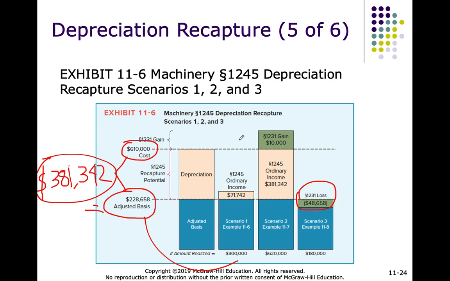So again, we need to ascertain the amount of previous depreciation taken, because that's going to determine the classification or the character of our gain. So up to any gain from 0, maybe more than 0 and 381,342 will be classified as ordinary. Any excess of that will be classified as capital gain or section 1231 gain.